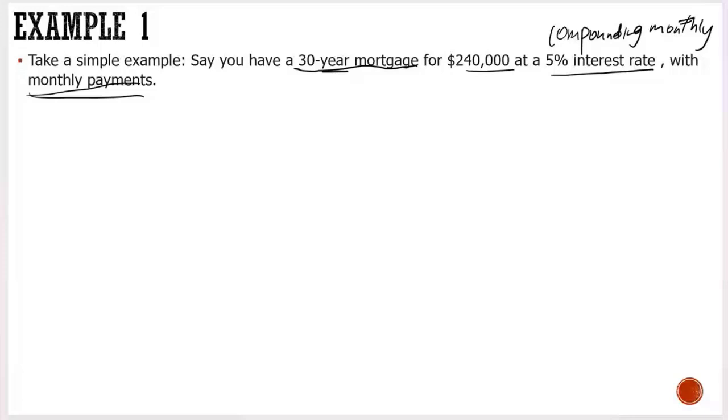Our M here is equal to 12, and then our I is equal to 0.05. And then we know that our T is equal to 30, so 30 times 12 periods.